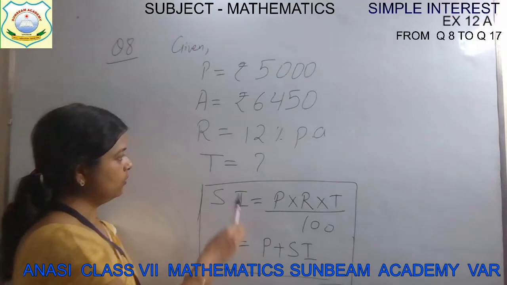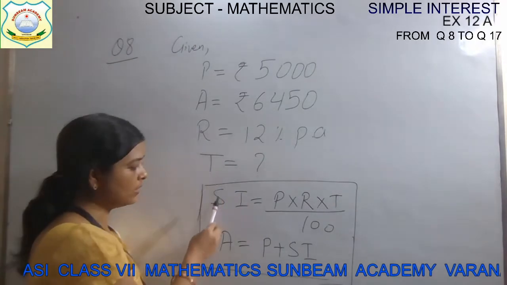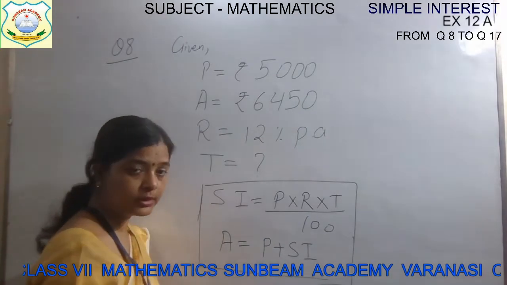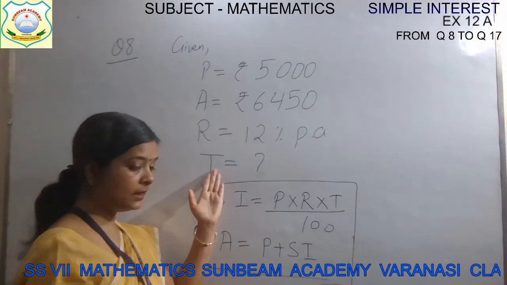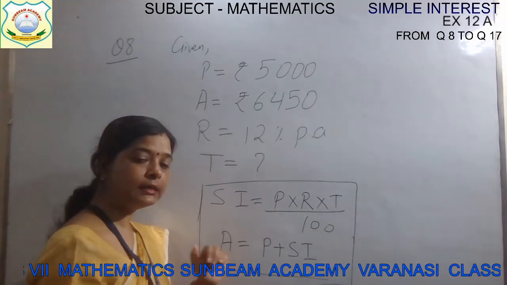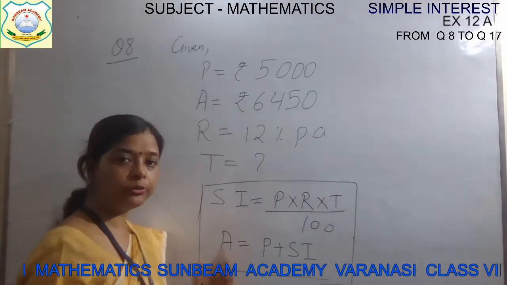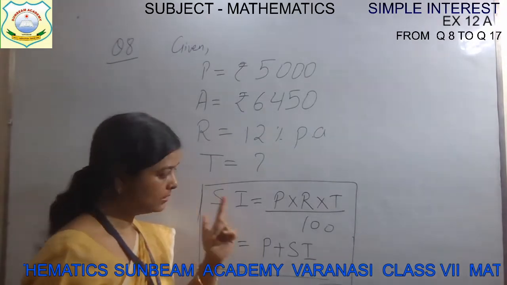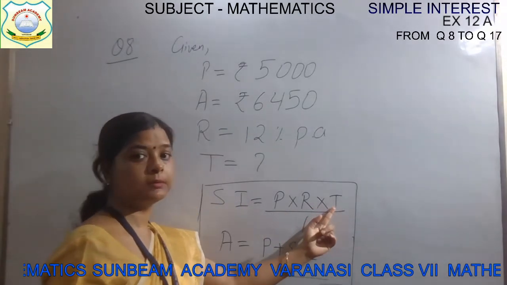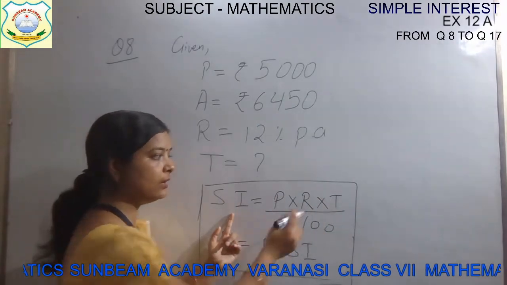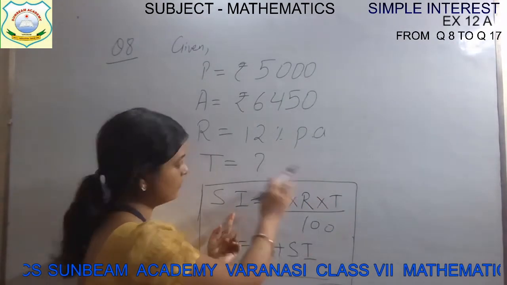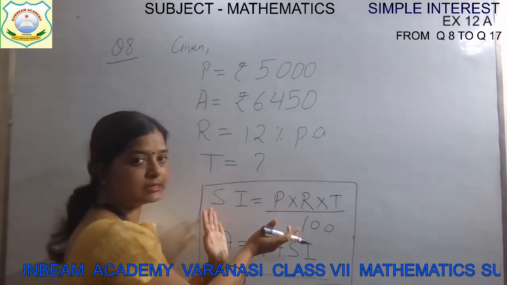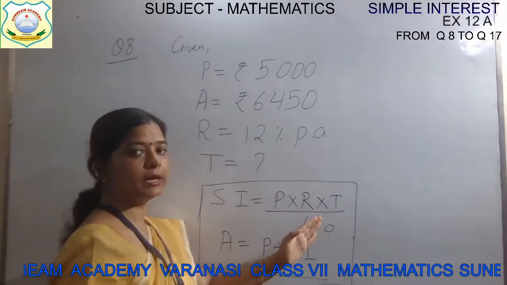Now we have to find time. Now can you find where is the time in these two formulas which we can use to calculate the time? हमको time निकालना है. So in which formula the time is given, we can use that formula. That time is in simple interest formula. So definitely if we have to find the time which is not given, we will go for the first formula, that is simple interest formula, P into R into T upon 100.